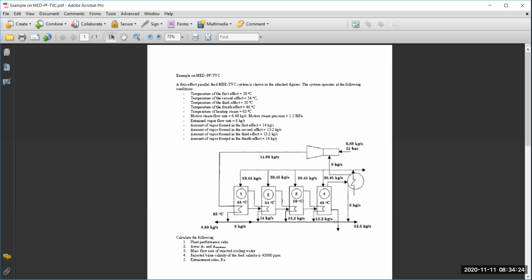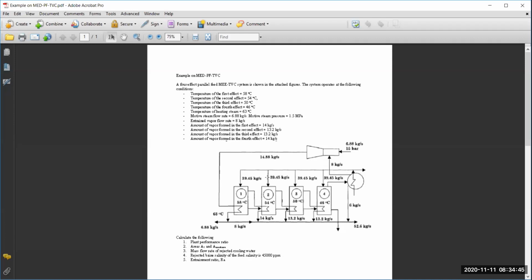So this is just a typo. I got that from the book, and I just wanted to report that the collected value of the distillate is a little bit different from the value which is written here. So this is something just to remember while we are looking at that.